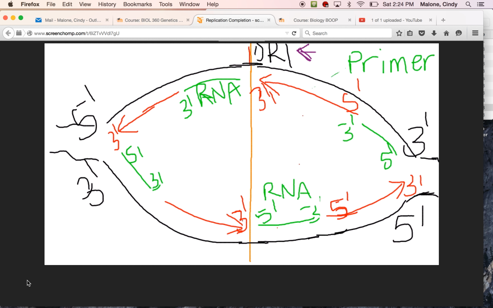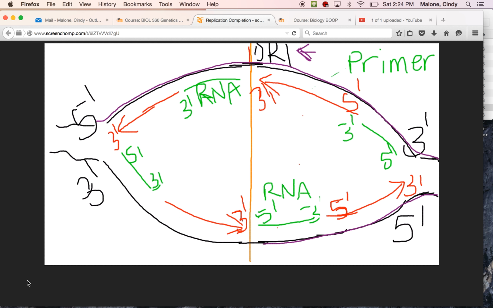And then in red, we can see the new strands that are complementary base paired by DNA polymerase, with their polarities listed so that you can see that, yes, they are all anti-parallel to the template strands. The template strands are in black, so I'm outlining one in purple, the other guy.